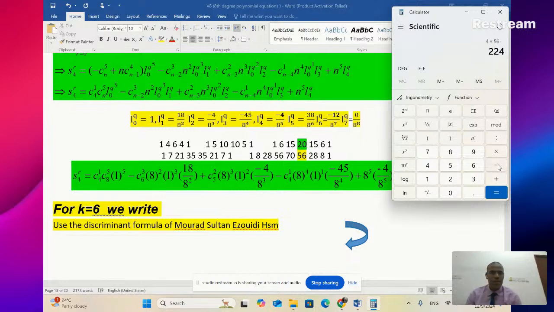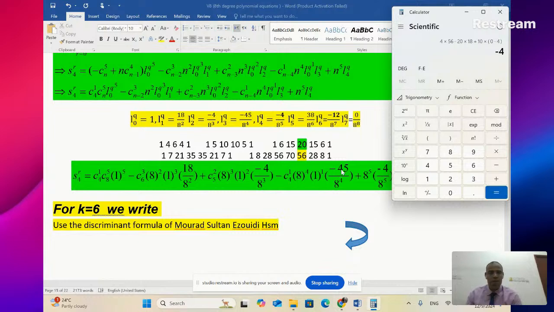Minus 20, multiply by 1, multiply by 1, because 8 squared divided by 8 squared is 1. Plus 5 choose 2, learners, is 10. Plus 10 times negative 2 times negative 4.